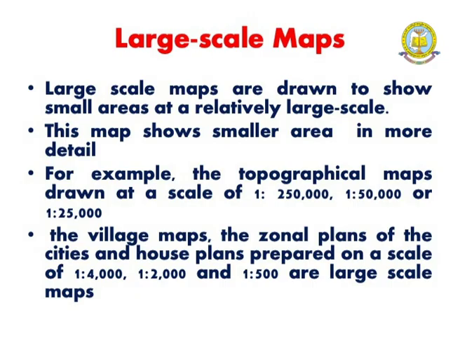Whereas in the case of a small scale map, the RF value varies between 1 lakh, 1:60,000, 1:70,000. If the RF value is lesser, it is a large scale map. If the RF value is more, it may be called a small scale map.